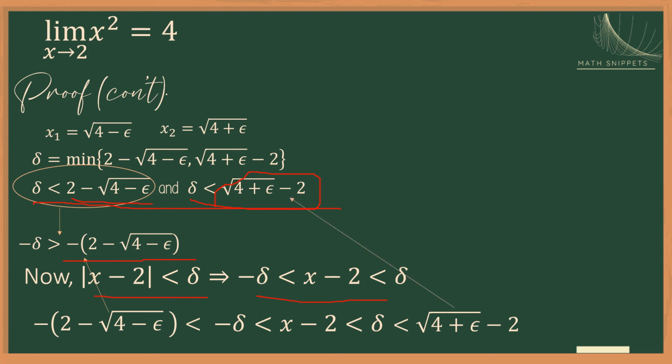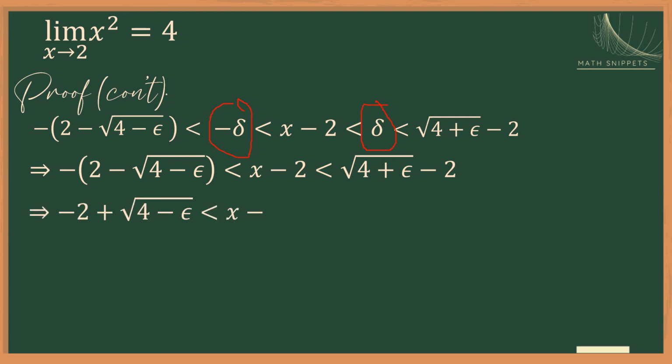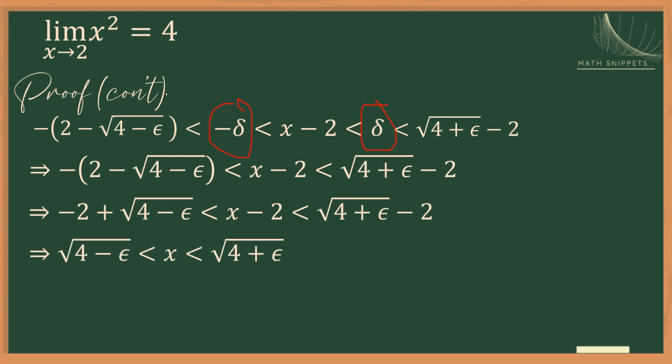Okay? So, now, we simplify using algebra. Now, what do we observe? We just ignored delta. There's nothing wrong with that since we're still following the rules of inequality. And then we apply some basic algebra laws to arrive at this.